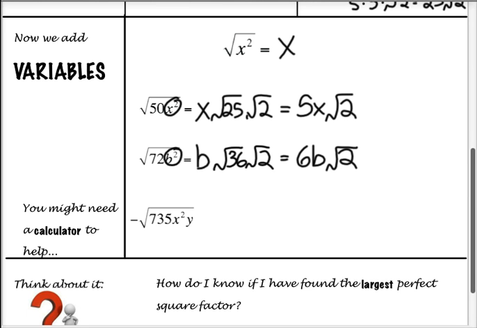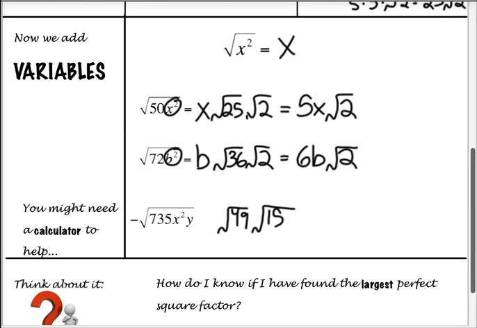So sometimes you will have to search with a calculator to find what is a perfect square that goes into the number. Now, it's going to pull out the 49, and that leaves a 15. Now, that's just the number piece.